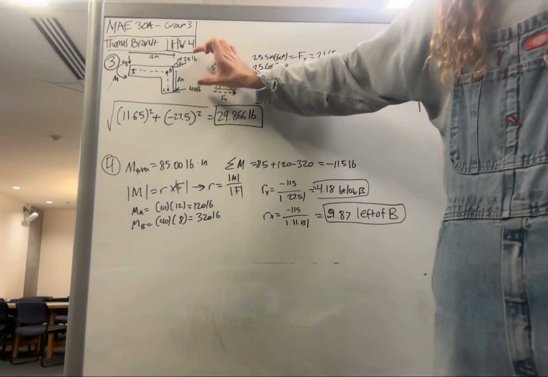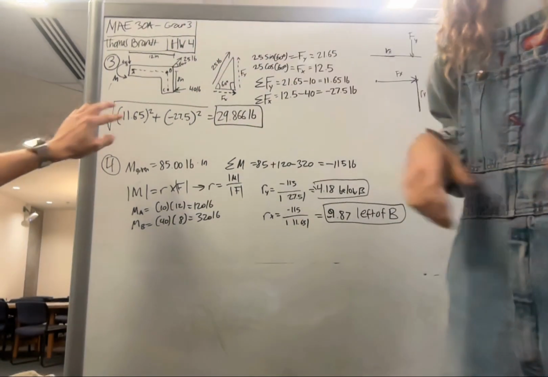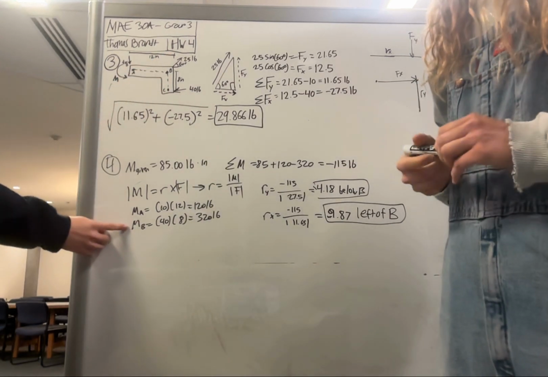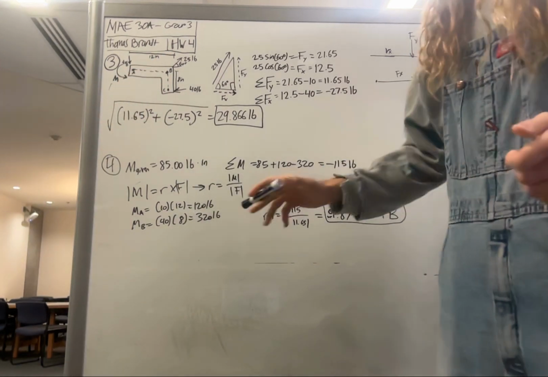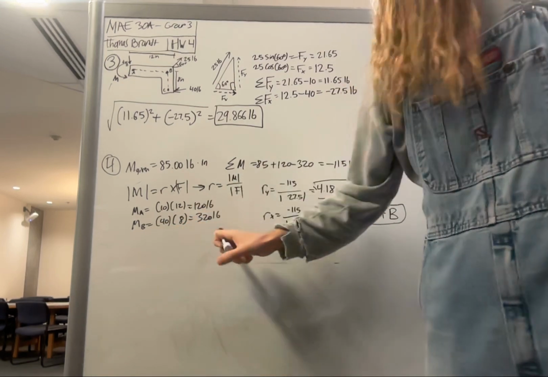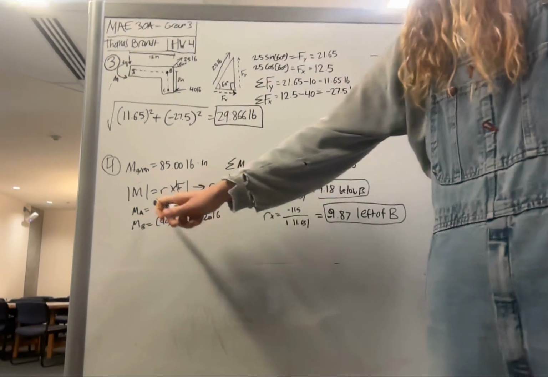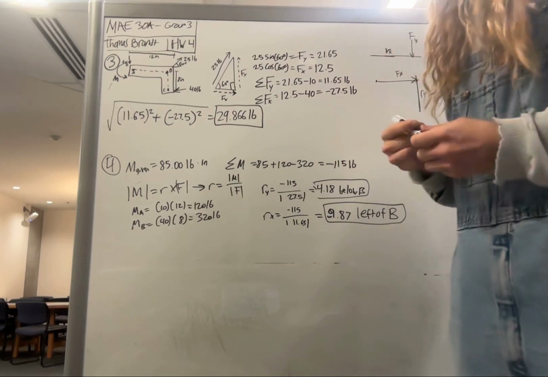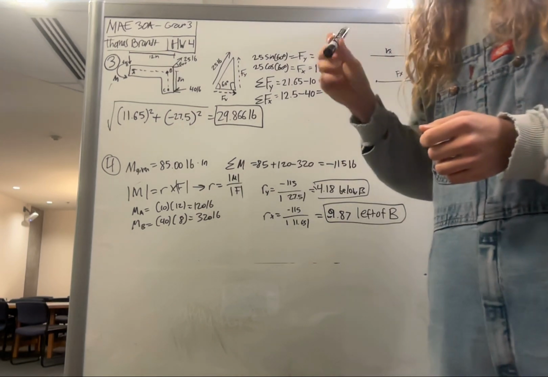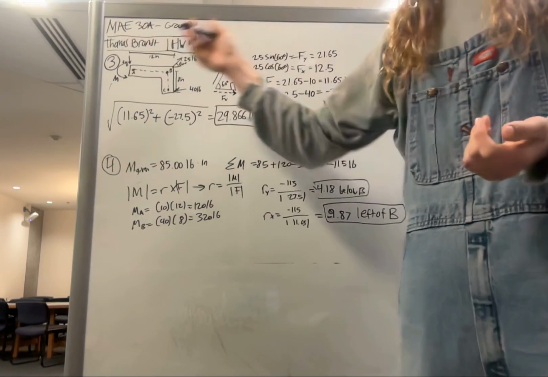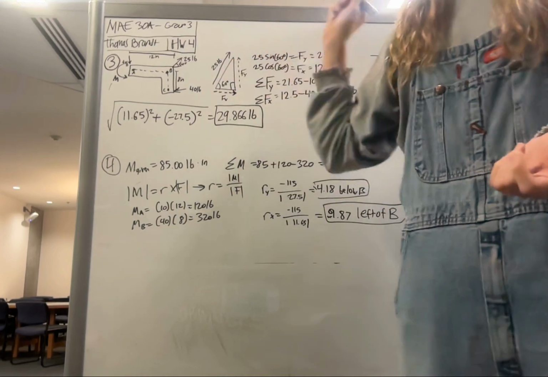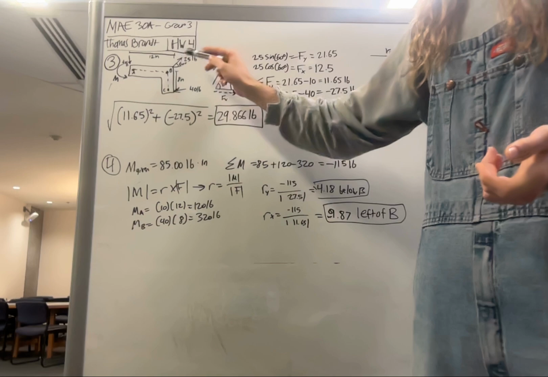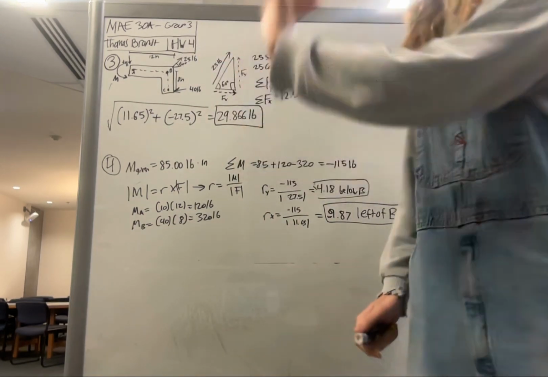So you chose to do the moment calculation about B. This is like M1 and M2. Because when we're doing this magnitude, this isn't a cross product, so our force has to be perpendicular to the distance. You chose B so that you didn't have to worry about that angle thing with the force.